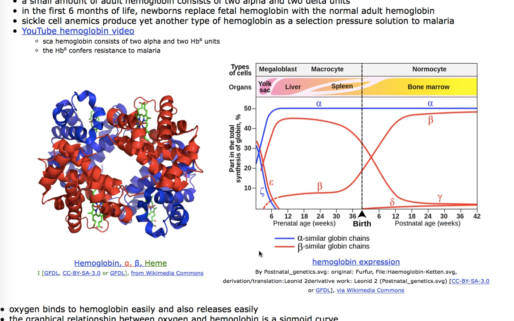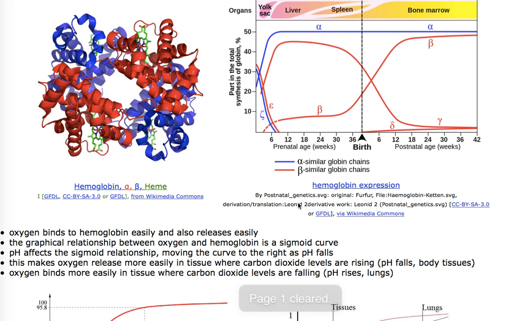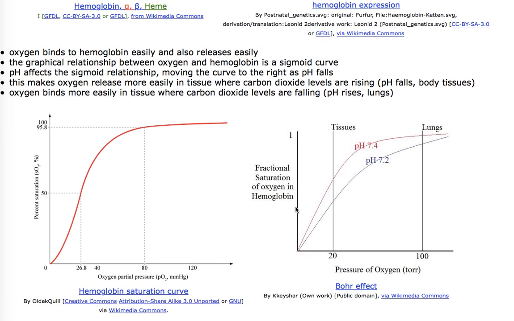So, to talk about this more in depth, we have to take a look at what is called hemoglobin saturation curves. Oxygen binds to hemoglobin easily, but oxygen also releases from hemoglobin easily. The graphical relationship for the oxygen and hemoglobin is right here, and it's called a sigmoid curve. What this shows is that at low oxygen pressures, hemoglobin pretty steeply is attracted to the oxygen and picks it up.